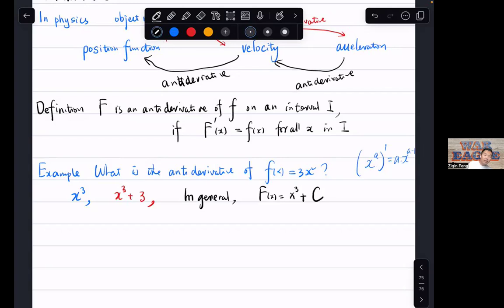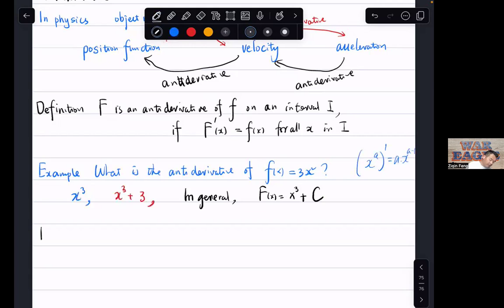Recall that this is always true. So this means if you are given a function, the antiderivative is not unique. There are actually infinitely many functions whose derivative equals the given function. Unlike differentiation, where the derivative is unique, the antiderivative is not unique. There are many functions, but they are related.